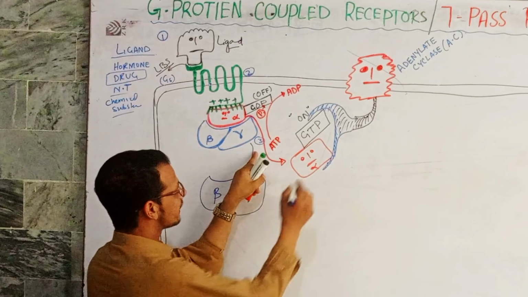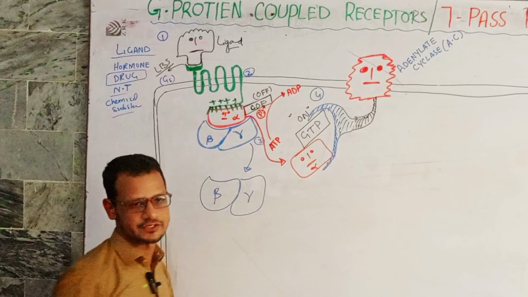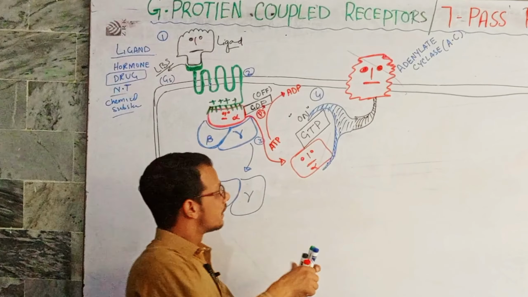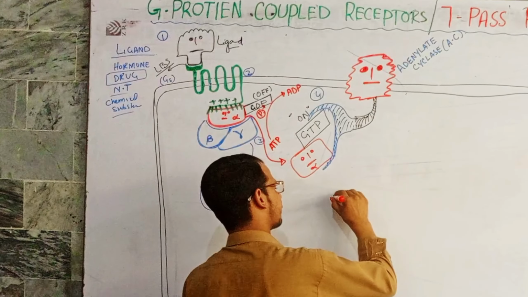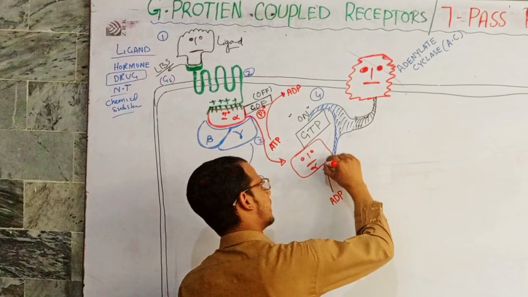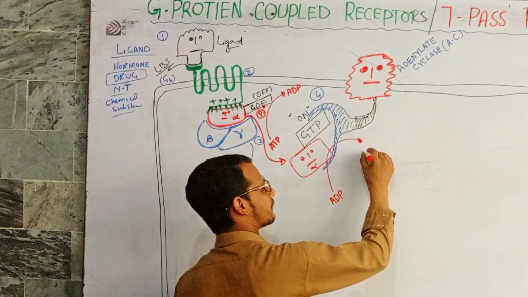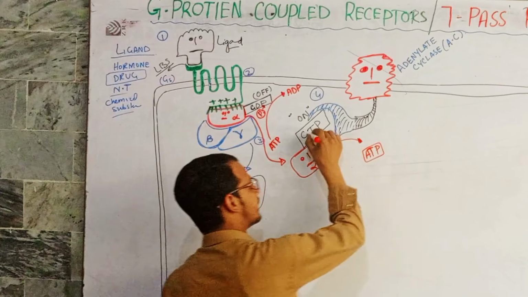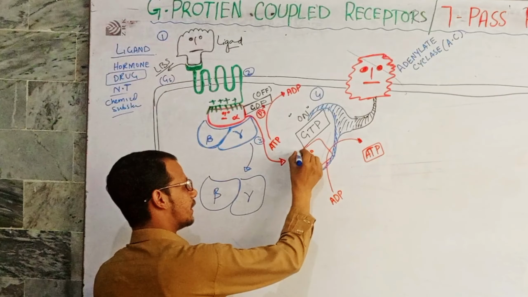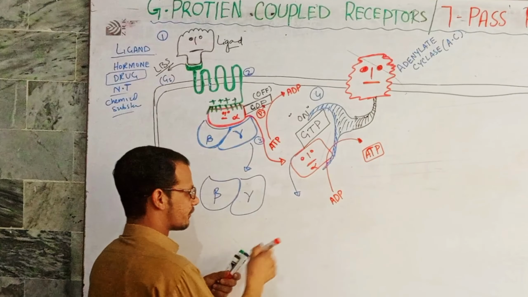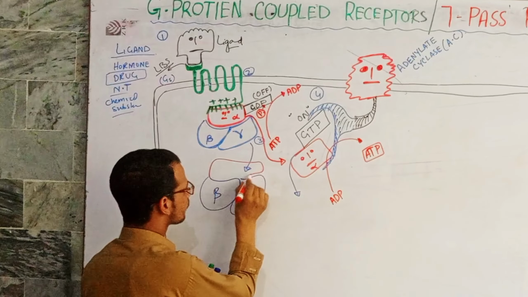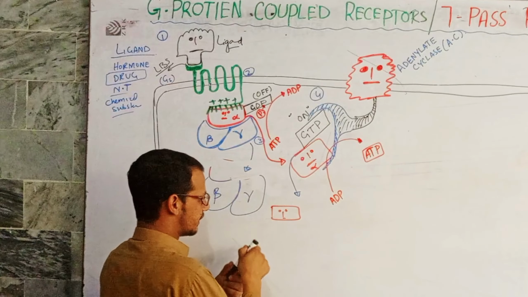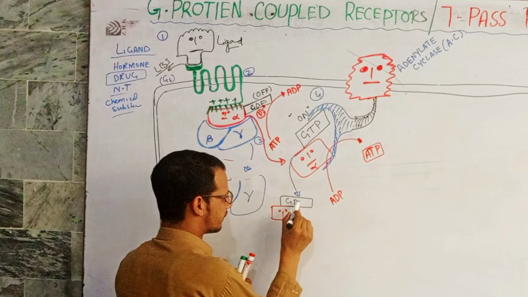So this is the third step, and this is the fourth step. In the fourth step, this GTP is cut from the alpha unit. Here ADP is present, and this ADP takes the inorganic phosphate from GTP and converts it into ATP, and this GTP is again converted into GDP. This is the alpha unit, and the GTP is converted again into GDP.